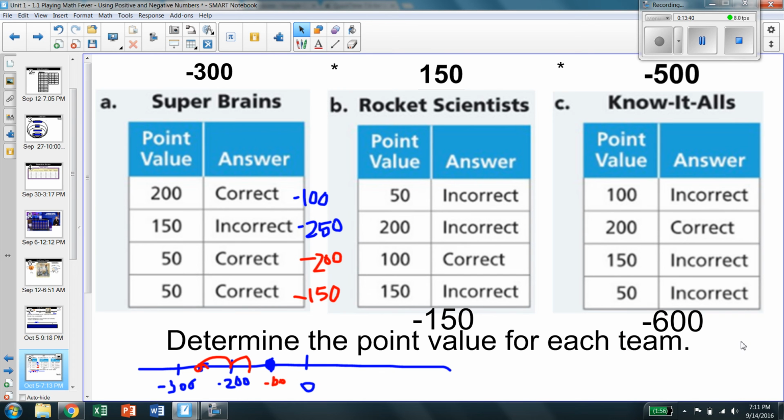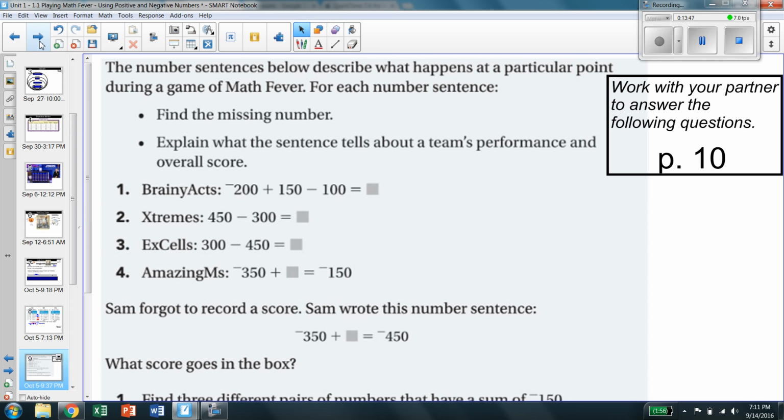Okay, so you should be back. You should check out your scores. Poor know-it-alls, they're having a tough time today. We worked on some other problems with the math fever situation. This time, instead of just intuitively looking at the situation, we're writing it as a number sentence. We're at negative 200, and then plus a positive 150.